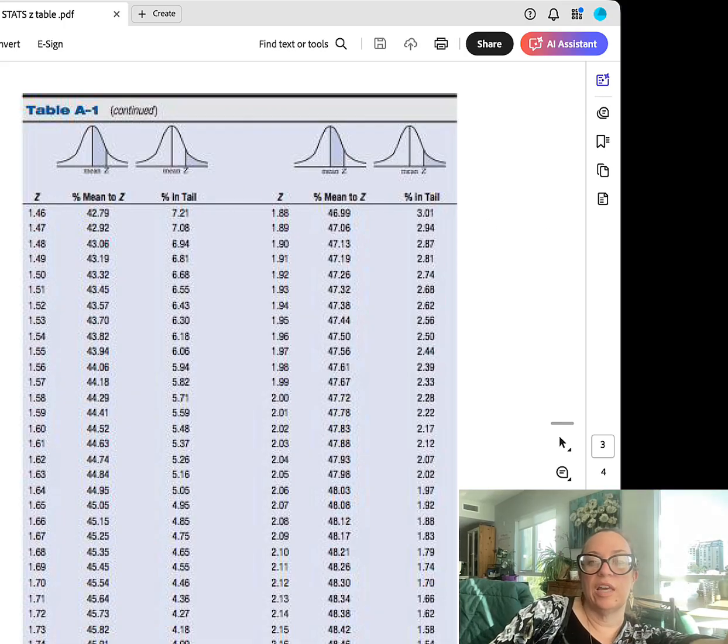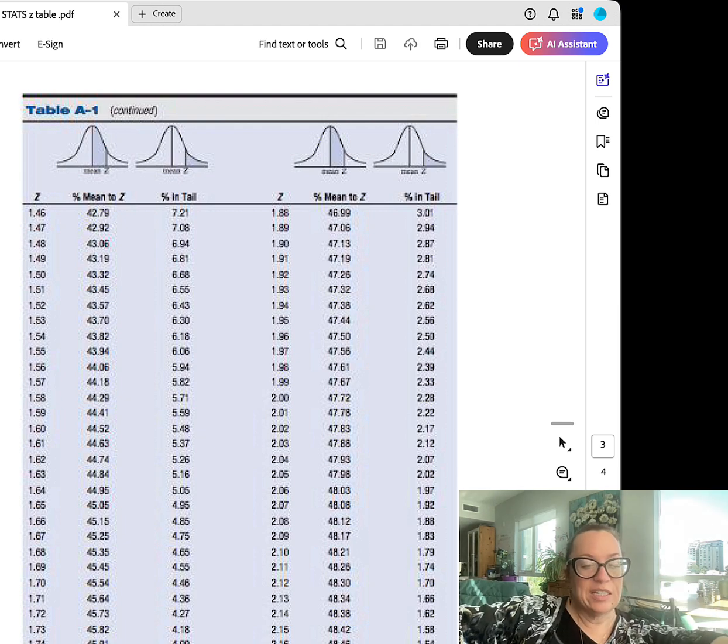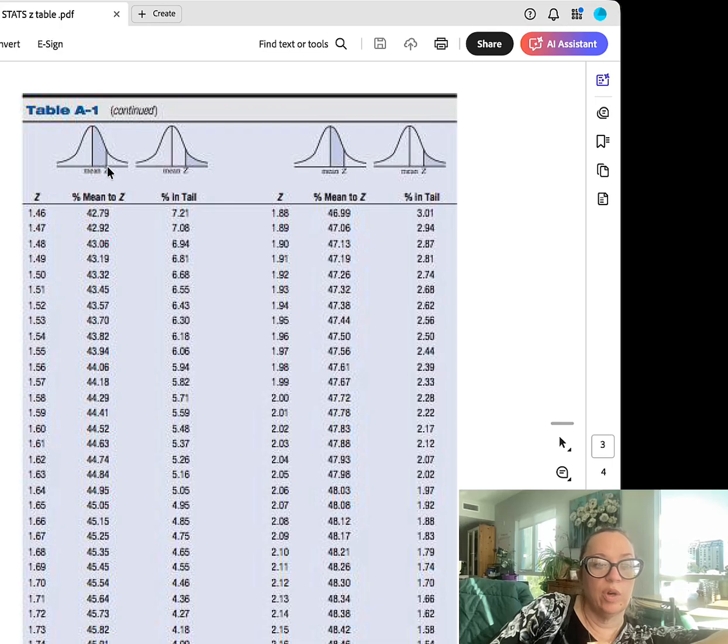So let's say the question is, what proportion of all scores in the entire distribution are below your z-score of 1.5? Okay, so the proportion below the mean, everything below the mean, that's 50% of all the scores right there.